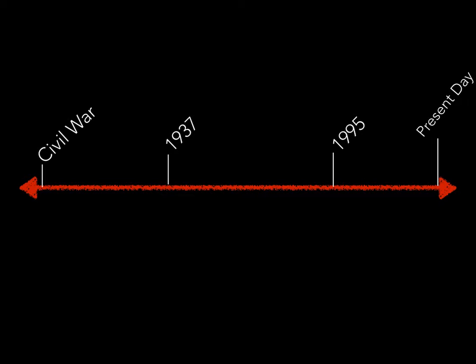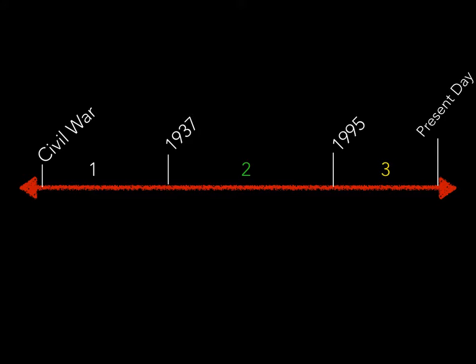Those are the Civil War through 1937, the second period is 1937 through 1995, and the third period is from 1995 to the present day. So it's important to note that after the Civil War through 1937, the court adopted a very narrow view of Congress's power under the Commerce Clause.